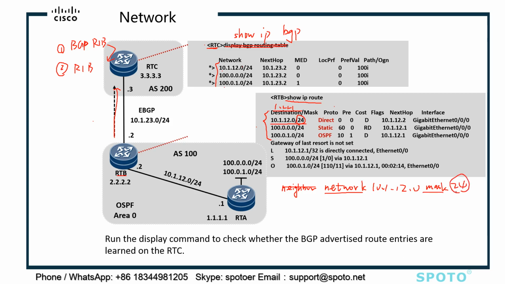The mask length in our command must be the same as in the routing table. You can't change the mask to 20 or 16, you can't configure like this. You can just configure the command with the mask length the same as the routing table.